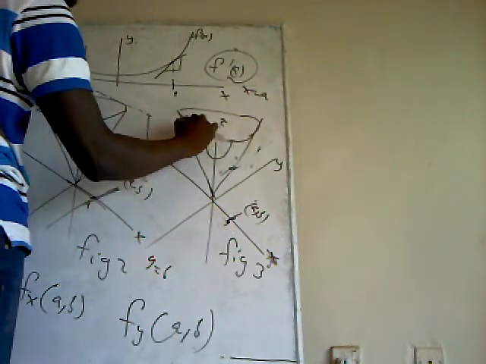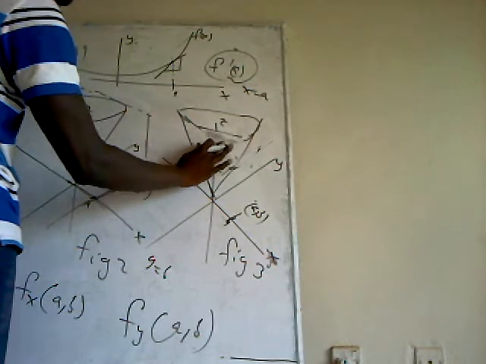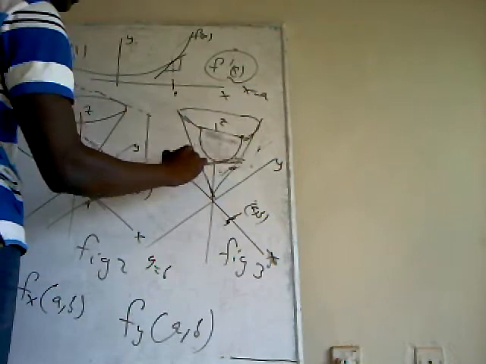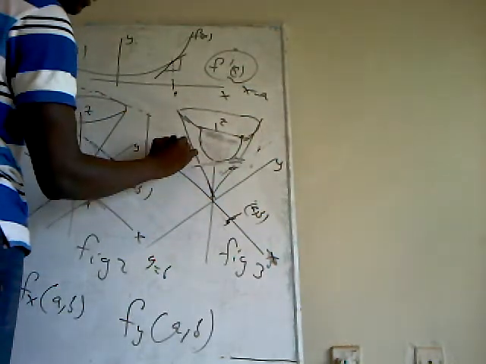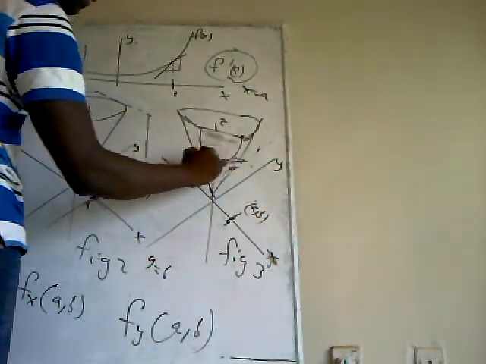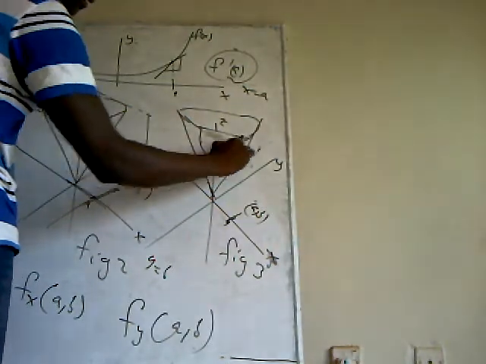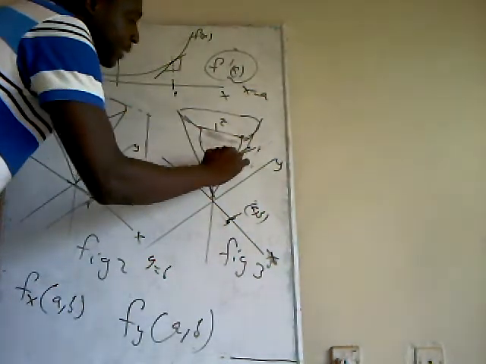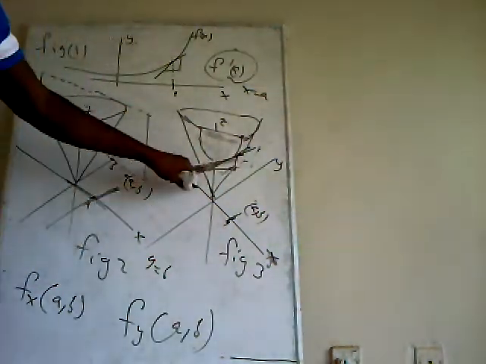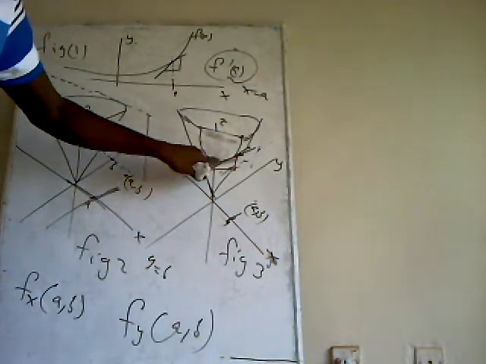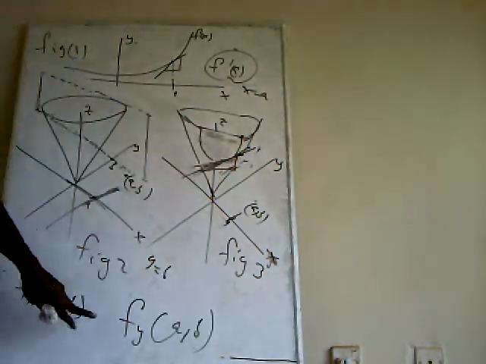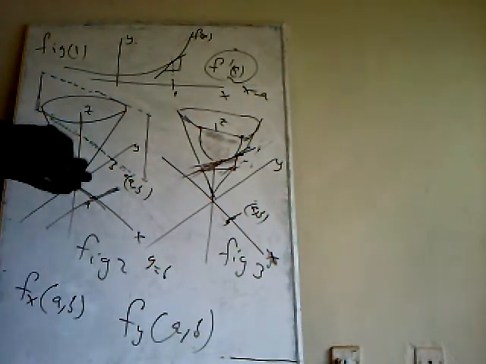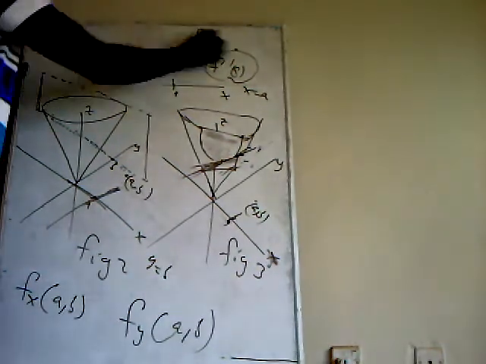When that portion is off, the slope of the tangent line to this trace at the point a, b is given by that. That is the interpretation. I hope you got that one.